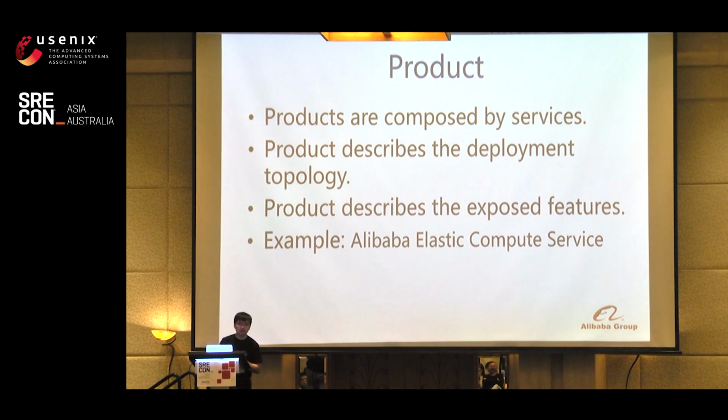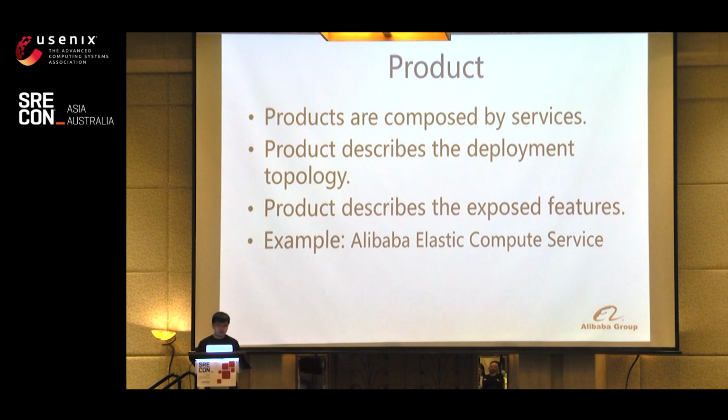For example, we have Elastic Compute Service in Alibaba Cloud. This is a product because it is visible to the end users. When the business people make a plan, they will think about what kind of product they want to provide in that region.